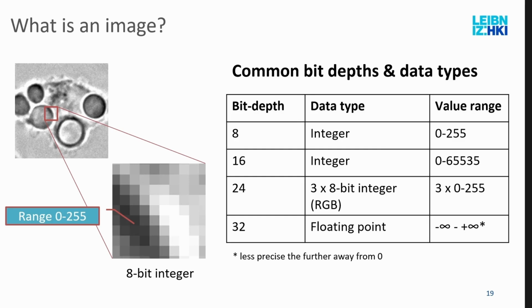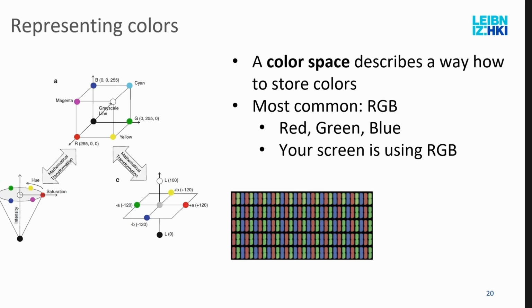I will show you the RGB color space in a further slide. And then 32-bit in ImageJ, we have floating point numbers. Theoretically it goes from negative infinity to infinity, but you will hit a limit at some point with those. And this is basically what happens in ImageJ.